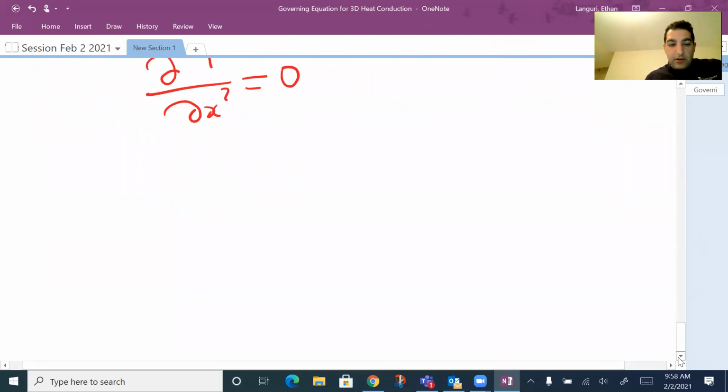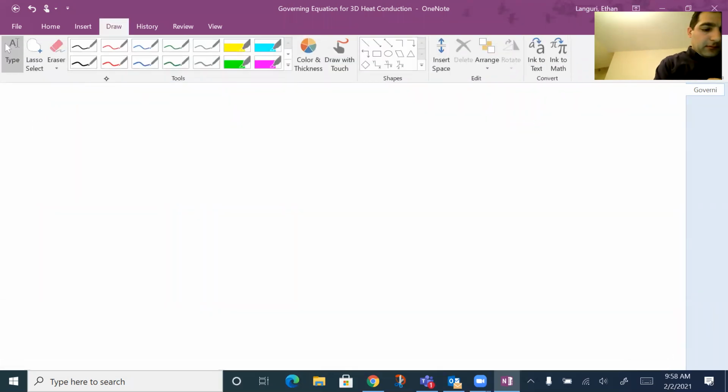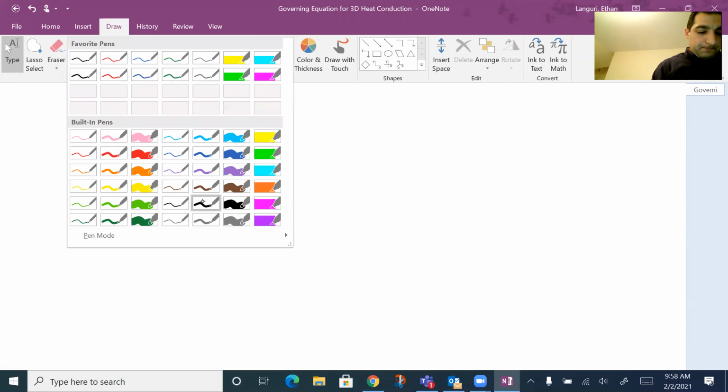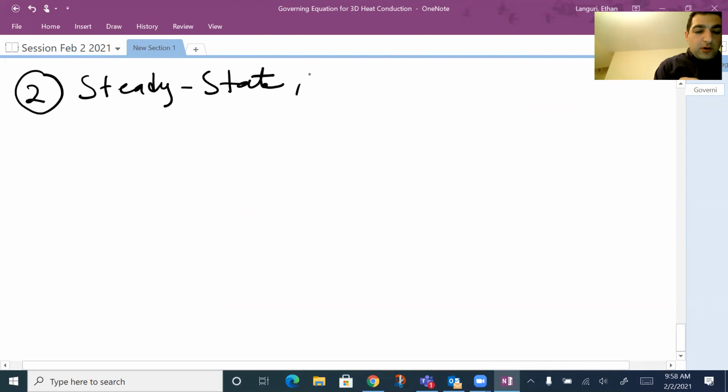Let's look at another problem. We have steady state, one-dimensional heat conduction, heat flow with a heat source.